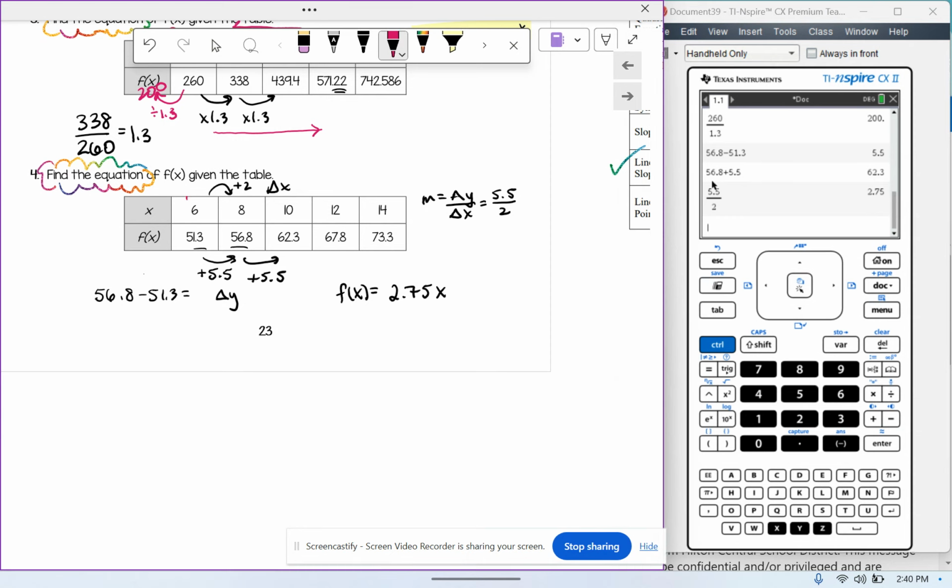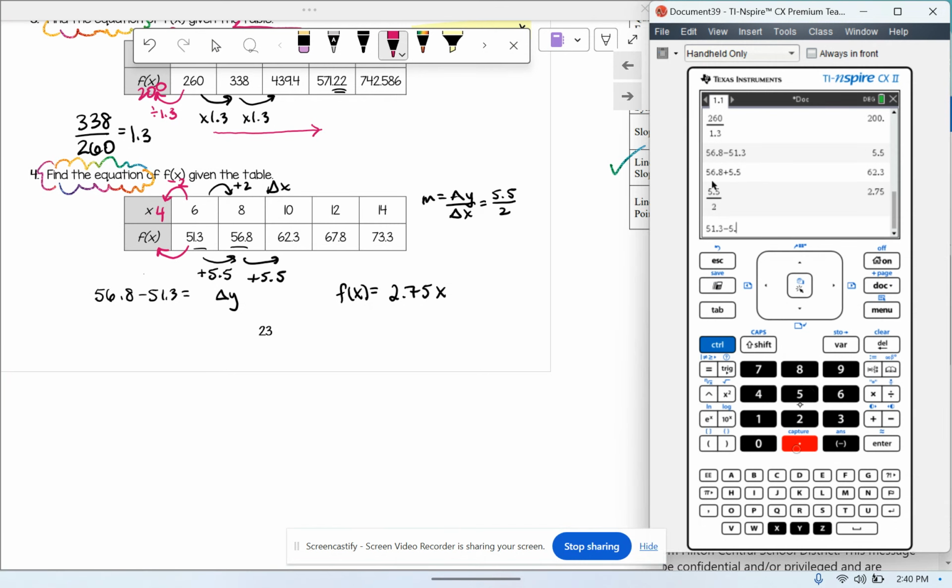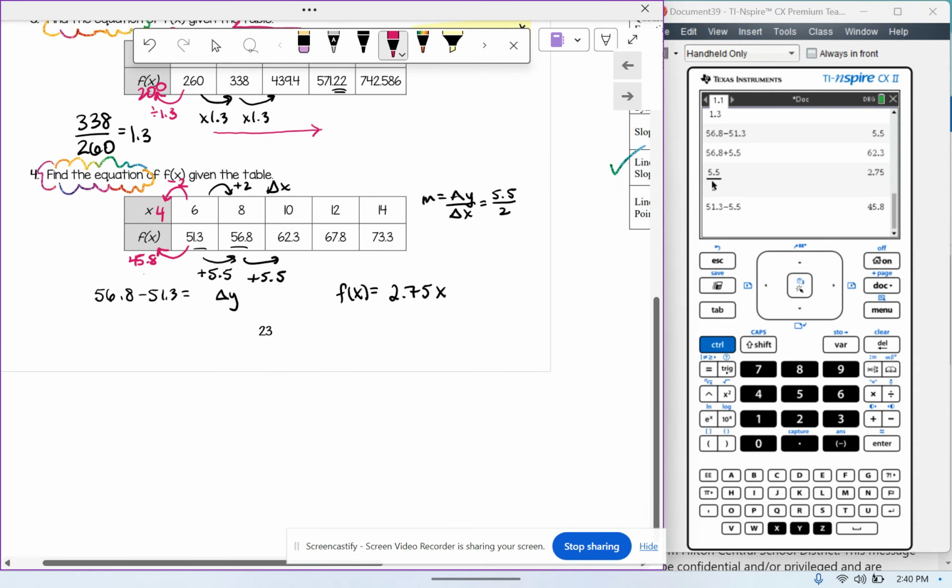I need to back it up to 0 to find my y-intercept. Since I'm working in the opposite direction, I'm going to do the opposite operation. So 6 minus 2 is going to give me 4. I'm going to minus 5.5. And then I have to do that again.